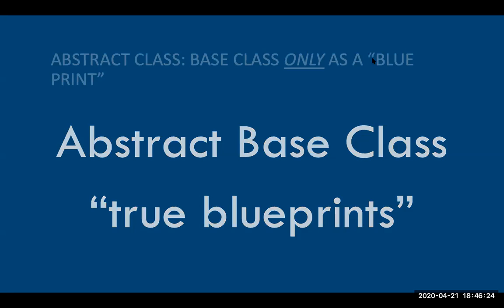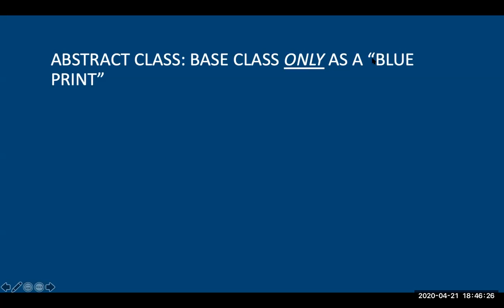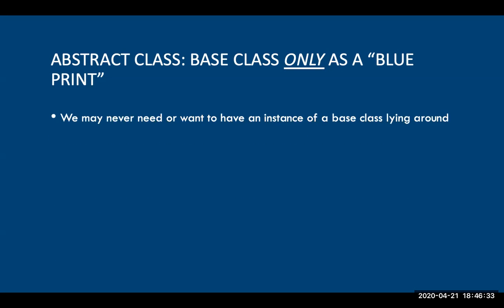So an abstract base class is kind of a blueprint. It's used as a base class only, and it's not instanceable by definition. The idea is that if you're the senior developer, you want to set the design structure for everybody else. Maybe you're making a giant game or a 3D modeling tool or a DNA analysis tool, and you need a base class, and you're the one in charge of doing that.